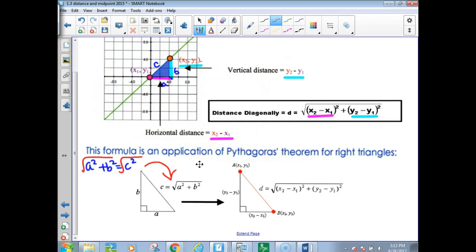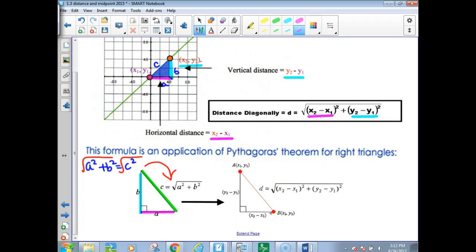You see it? They took the square root of c squared and got c, and then they had to leave this like that. The square root of a squared plus b squared. It's just another way of thinking of your horizontal distance and your vertical distance. Your horizontal was right here, the A part. Your vertical distance was the B part. And what you're trying to find is the C part, that hypotenuse thing.